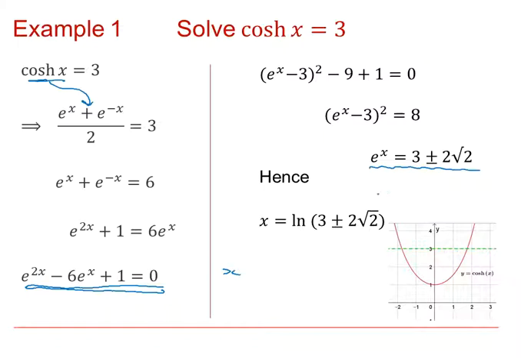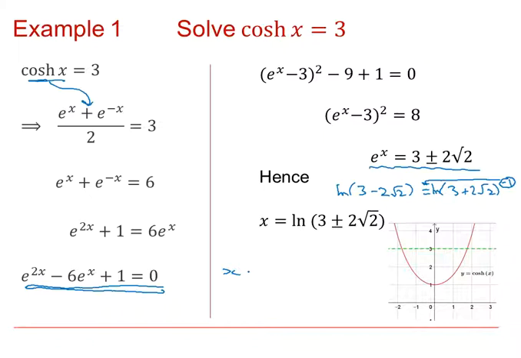and this solution can be written in a slightly different form. It can be shown without too much effort that 3 minus 2 root 2 is exactly the same as 3 plus 2 root 2 to the power minus 1. So if we look at the natural logarithms of these two things, we could apply a power law now and put the minus 1 at the front of this logarithm.